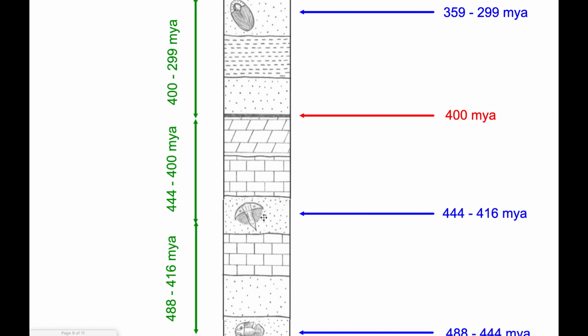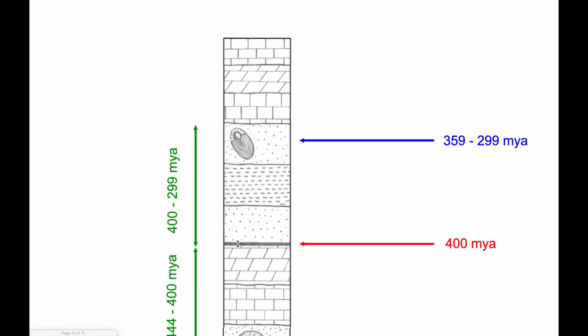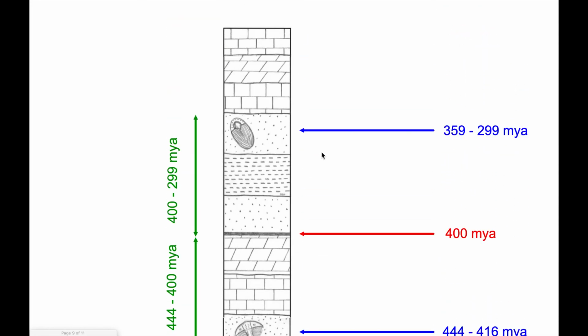Now between this layer of rock and our key bed layer, where we know the date pretty exactly, these could have been laid down anywhere between 444 million years ago all the way to 400 million years ago. Next up, the key bed was again 400 million years ago, but all the way up to here, these layers could have been laid down anywhere up to 299 million years ago. So just by finding these index fossils, we're able to put a rough timeline on our layers.